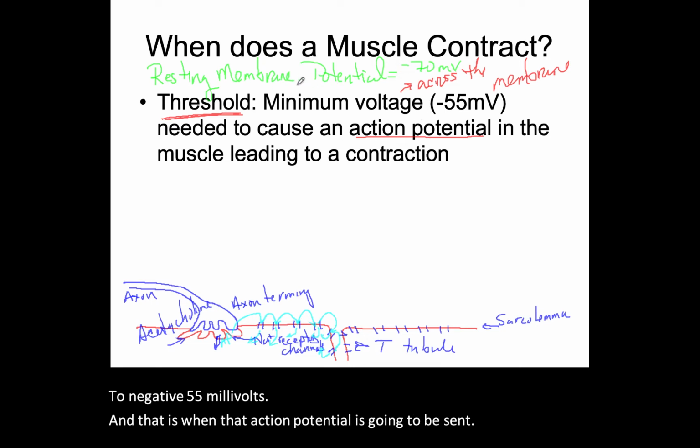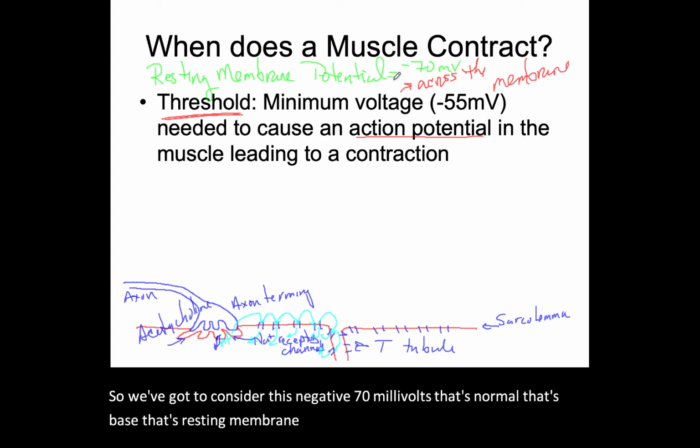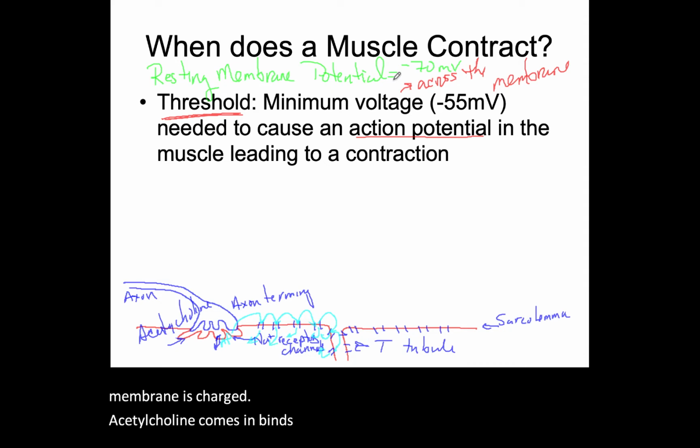So we've got to consider this negative 70 millivolts. That's normal, that's base, that's resting membrane potential. The ions are distributed and the membrane is charged. Acetylcholine comes in, binds, and it allows sodium to start moving, which changes the charge.